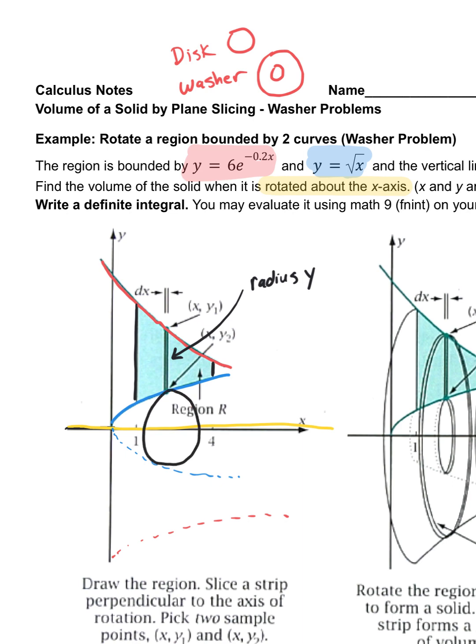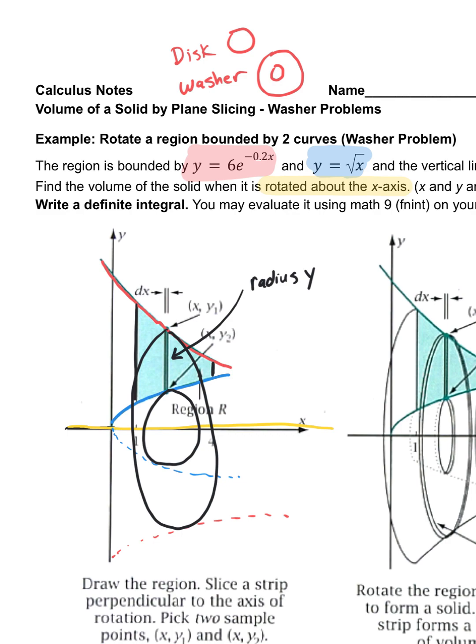Again, our inner circle connects the function that is on the bottom of the rectangle, and it is closest to our axis of rotation. The function at the top of the rectangle is farthest away from our axis of rotation, so that is going to be our outer ring. That just comes like this. That's just a very rough sketch.